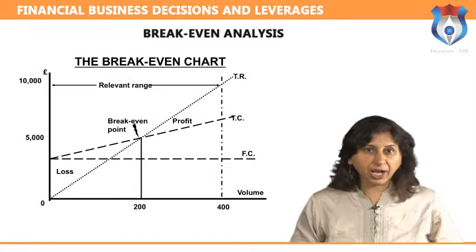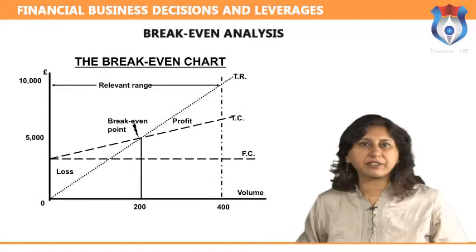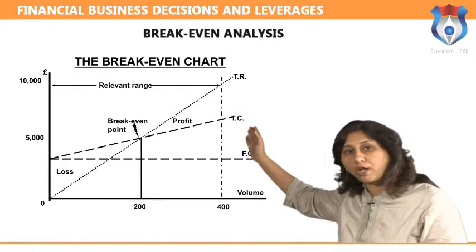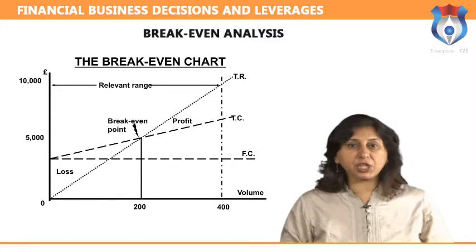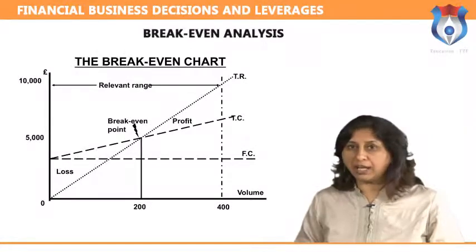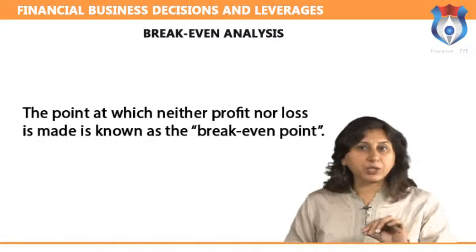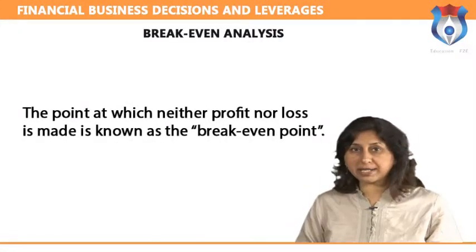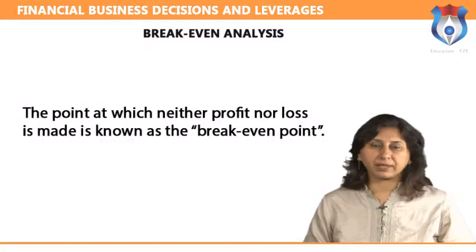The break-even chart. In its simplest form, the break-even chart is a graphical representation of costs at various levels of activity shown on the same chart as the variation of income or sales revenue with the same variation in activity. The point at which neither profit nor loss is made is known as the break-even point.